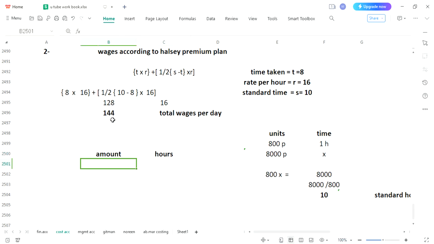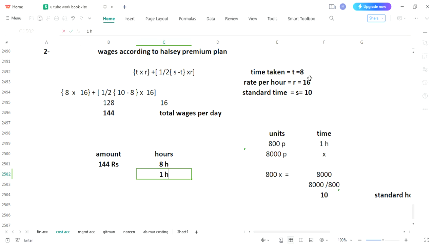This amount 144 has been taken after working. How much time taken? 8 hours. So 8 hours has been taken to get these rupees or amount. So now we need to know how much amount he will take for 1 hour. Question mark would be put over here.